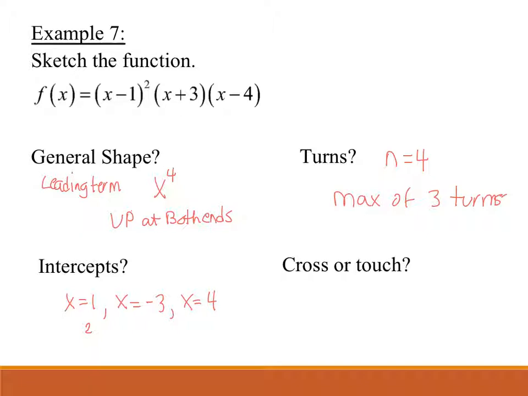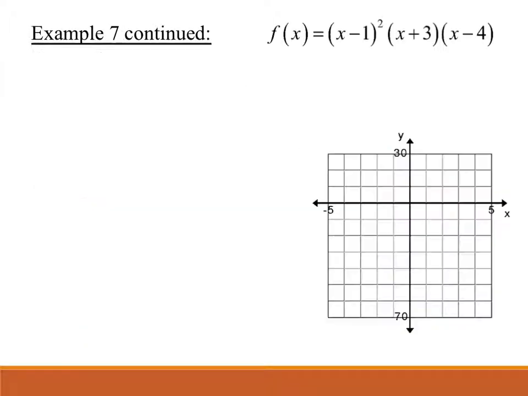It crosses the x-axis at minus 3 and 4, and it touches at 1. So now I'd like you to pause and see if you can graph this function, and then we will do that in just a second or so.